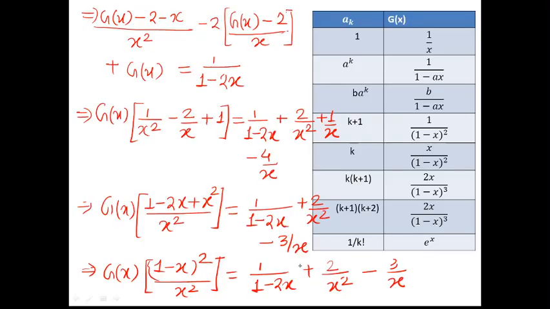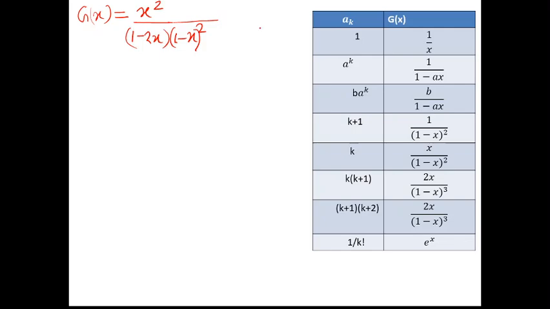Next is 2, x square will go here, so x square cancels. It is plus 2 upon 1 minus x whole square. The next term will be minus 3x upon 1 minus x whole square. Now you can see here in the second term and third term, 2 upon 1 minus x whole square. This fits over here in the formula.